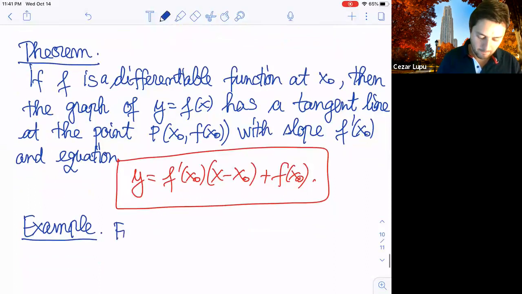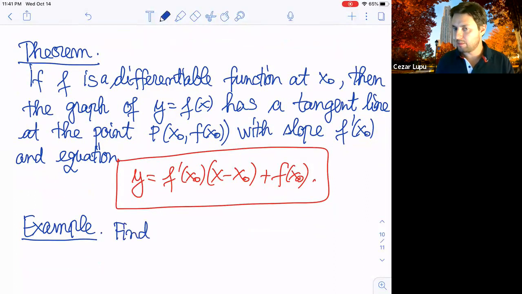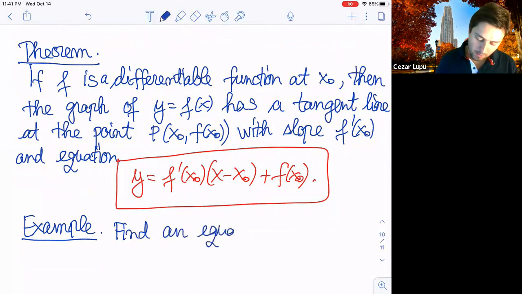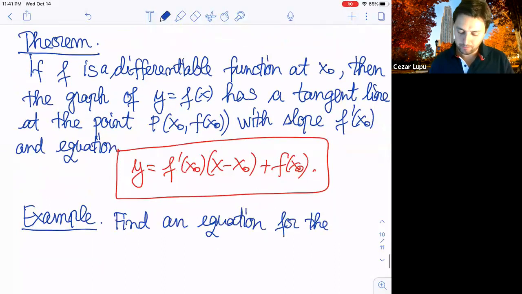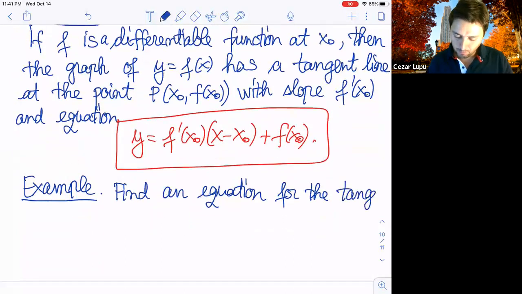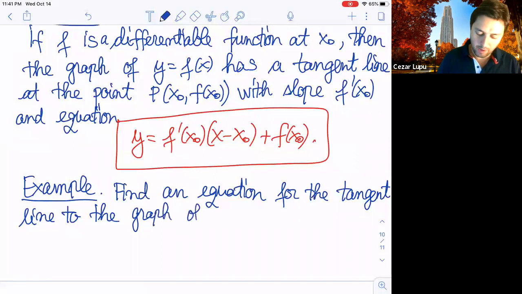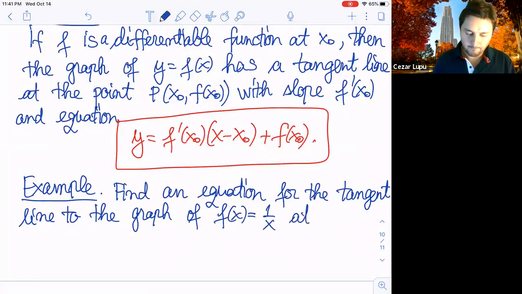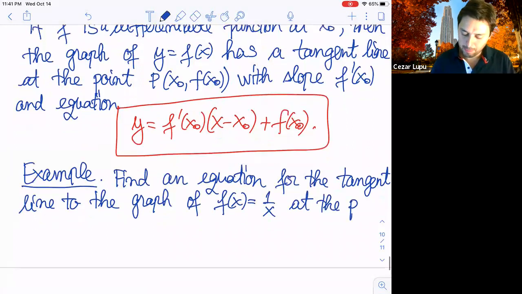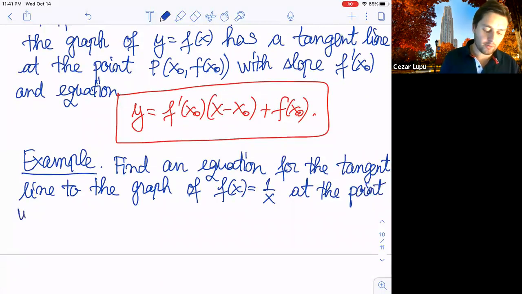Find, because I want to use something similar, so it's a similar function, find an equation for the tangent line to the graph of f of x equals 1 over x at the point where x equals 2.